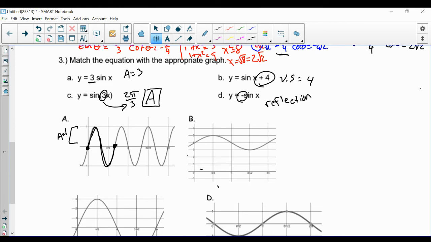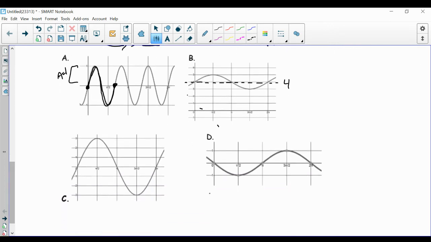All right. If we look at the next one, my center line is at 4. So right away, that tells me vertical shift of 4. You don't really even have to do too much because now we know it's going to be this one. It has an amplitude of 1, period of 2 pi, so everything else is the same. Okay, this one, again, center line's there.